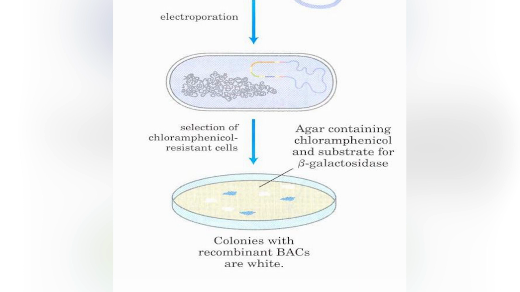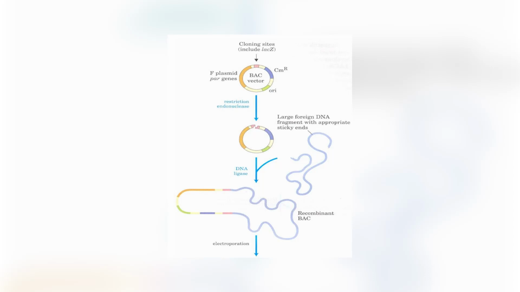Once again, there are various techniques one can use, like hybridization and PCR designed to the flank of the gene of interest, which will amplify only that region and give you a clear screening of the BAC clones containing the gene of interest. So, these are the steps in the form of a figure. You can see that this is the cloning site.